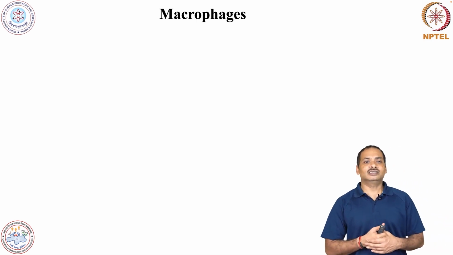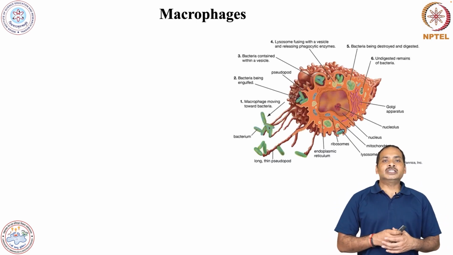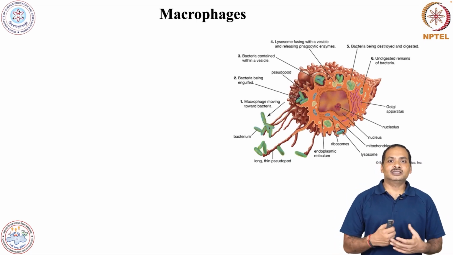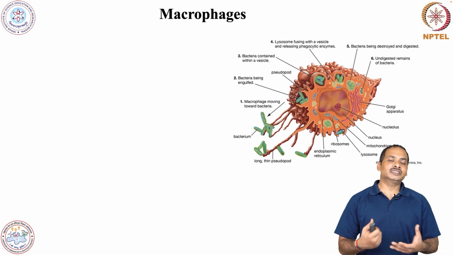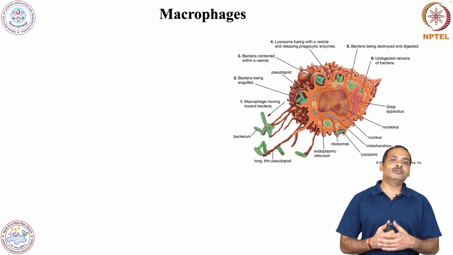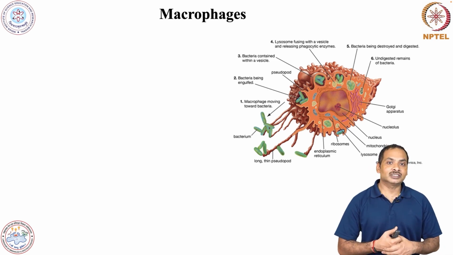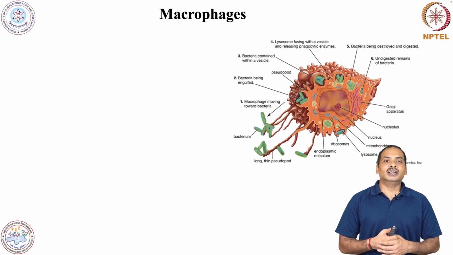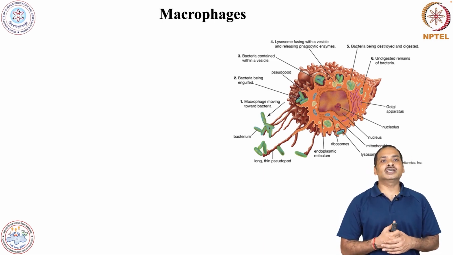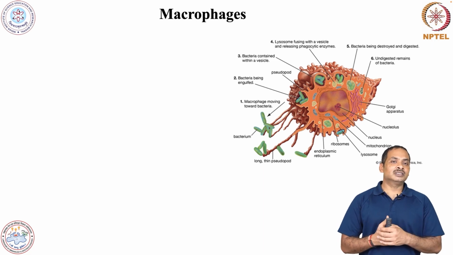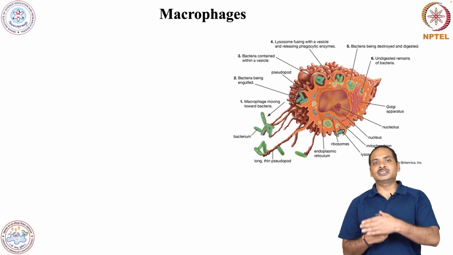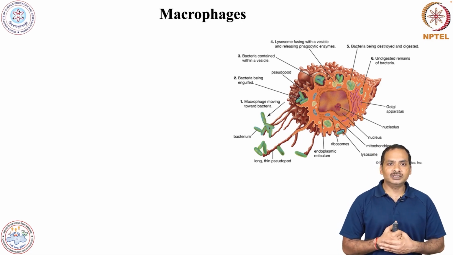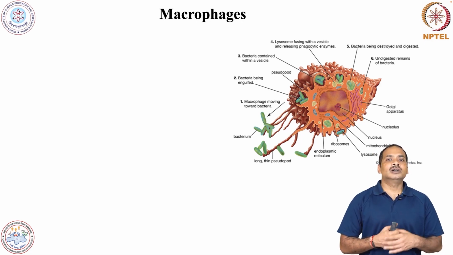Now you can understand, right? So basically the macrophage looks something like this. It's a schematic. Here you can see that they have projections, which we call pseudopodia. This pseudopodia basically helps in taking up the microbial pathogen, and once the pathogen is taken up, it will undergo phagocytosis.